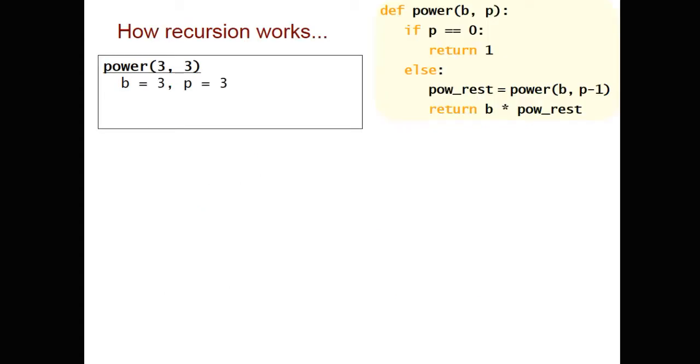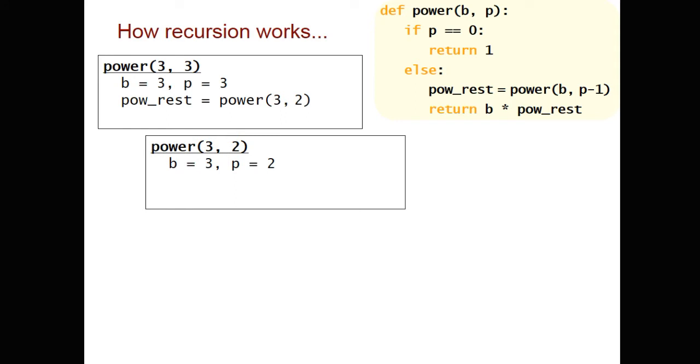You can see the sequence of calls for calculating power of 3 and 3. B and P in this case are both 3. The power of the remaining is going to be calculated by calling power of 3 and 2.